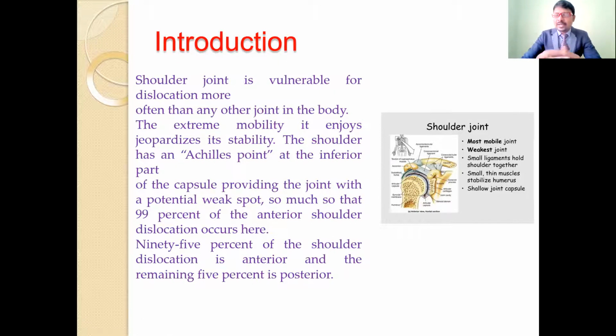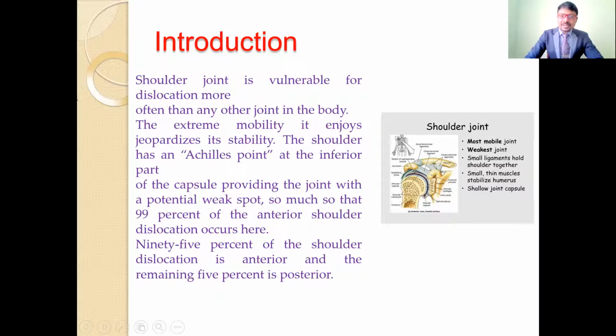That means it gives less stability to the shoulder joint, but it is more mobile. The supportive structures, especially the ligaments and the capsule, also give less stability. These are the reasons it has more chance of dislocation compared to other joints.